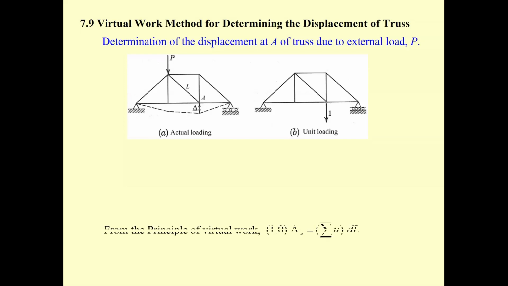Now, for the truss again, we have to consider the elastic curve of the truss. This one is supposed to be something like this type of deformation, and then the truss is subjected to force P and causes the delta at point A. Now using the principle of superposition, imagine a unit force applied over here.